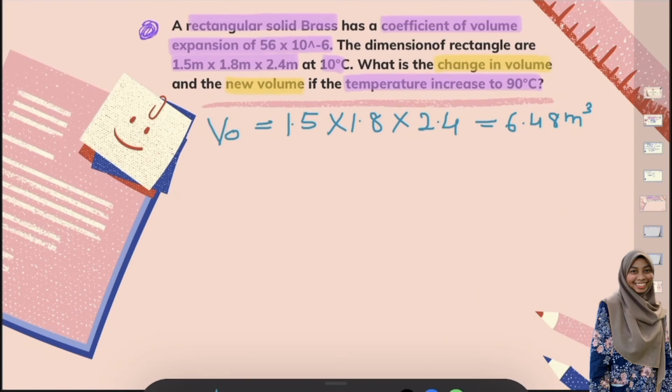Okay, so to find the change in volume, we must use the formula.